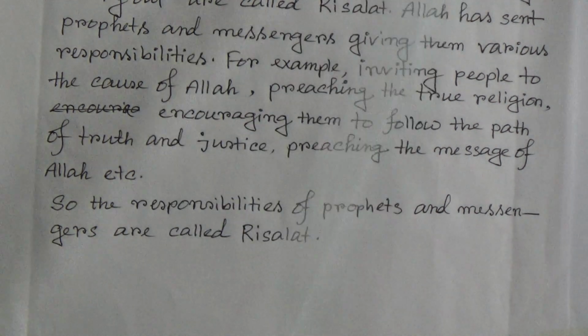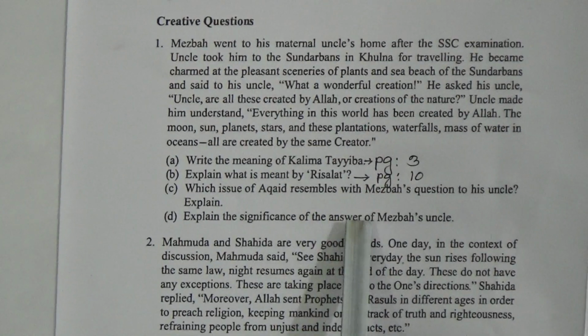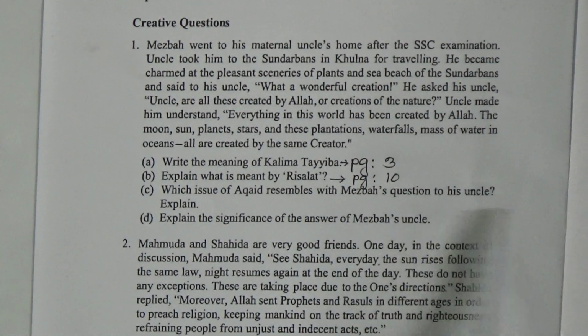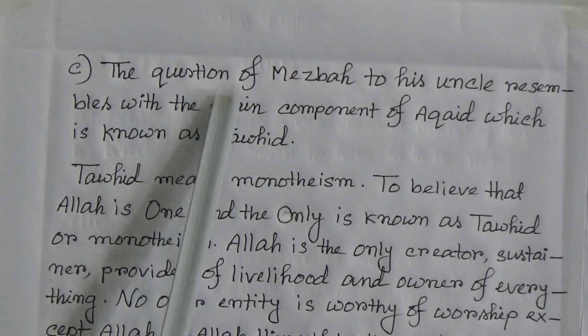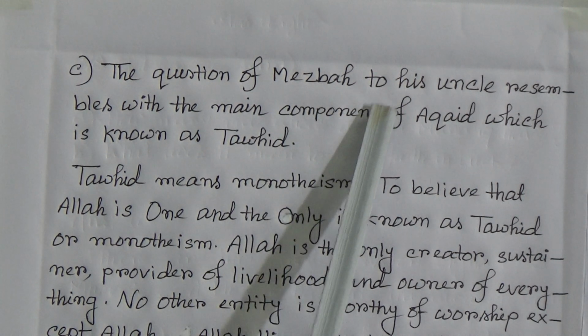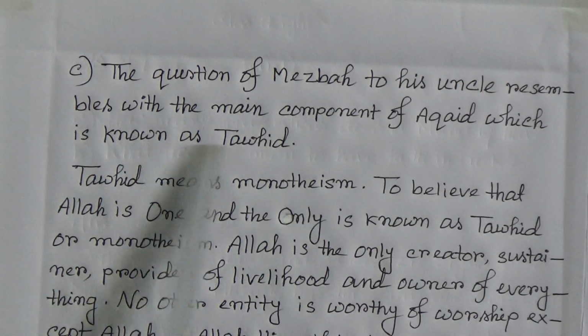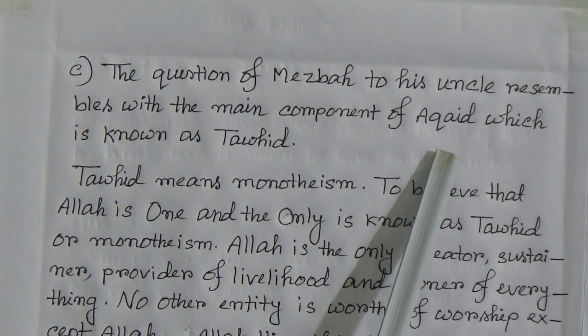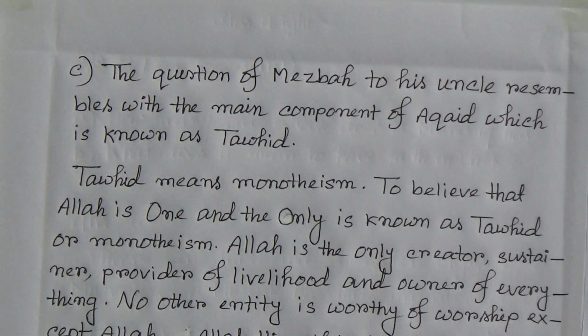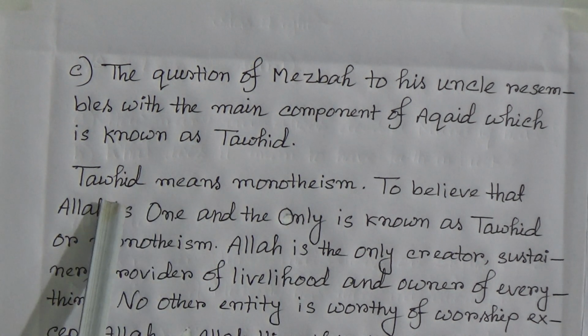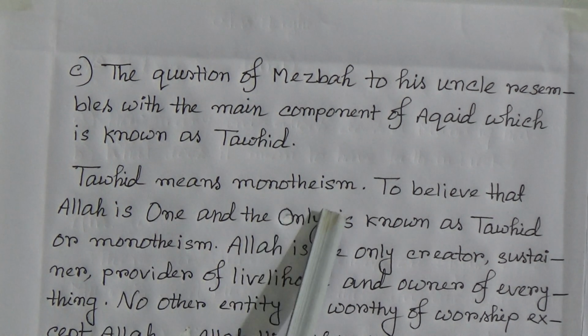Now question number C. Which issue of Aqaid resembles with Mesbah's question to his uncle? Explain. And the answer is, the question of Mesbah to his uncle resembles with the main component of Aqaid, which is known as Tawheed. My dear students, I think all of you understand, because Tawheed means monotheism.